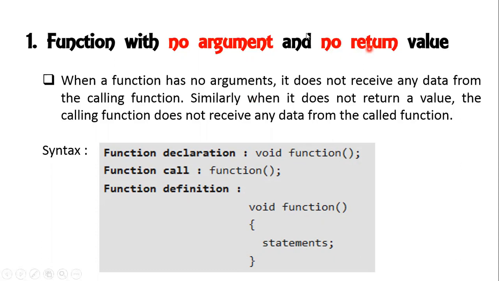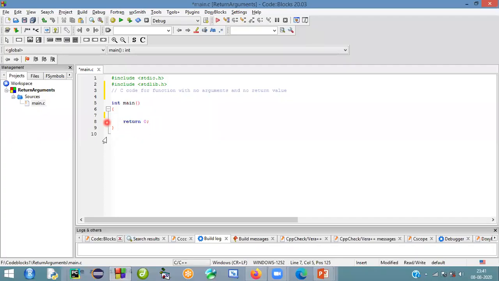We're going to write a very easy program on this. C code for a function with no argument and no return value. We are not passing any kind of arguments or return value here, so we're going to write a function for this. No argument is nothing but void.